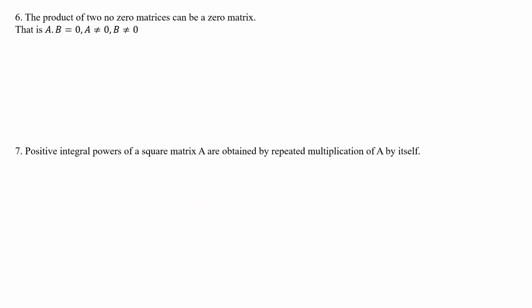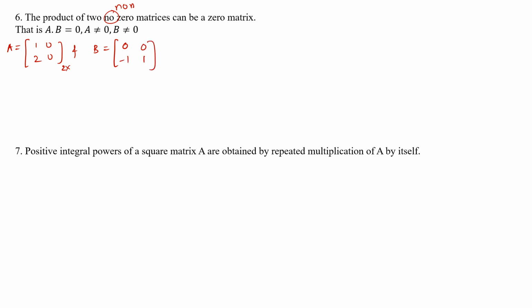Fine. The next property says the product of two non-zero matrices can be a zero matrix. Meaning, it can happen that we have two matrices which are non-zero, but when we take their product, it can be zero. Suppose we have a matrix A, say 1 0 2 0, and suppose we have a matrix B that is 0 0 minus 1 1.